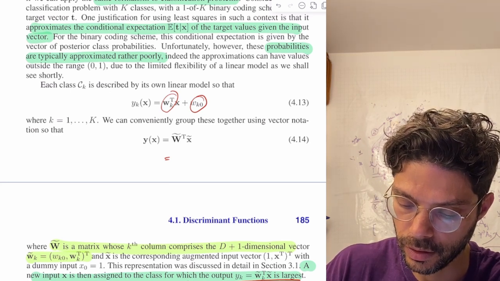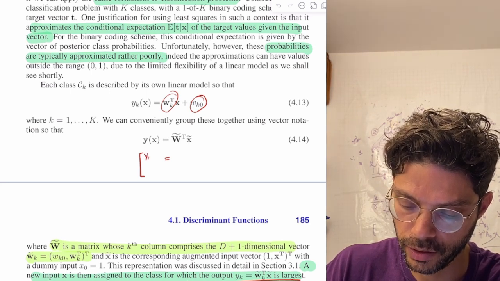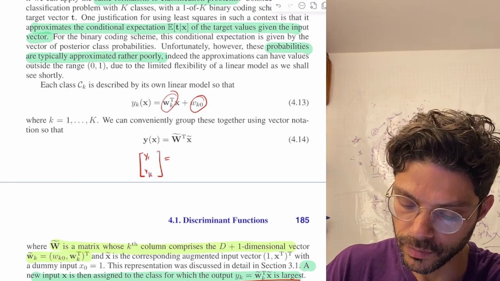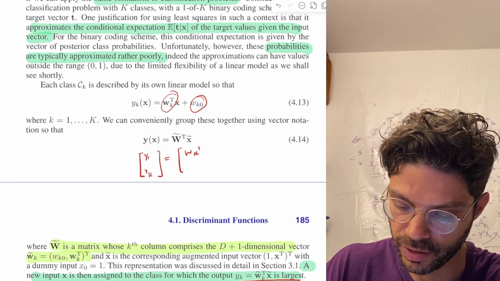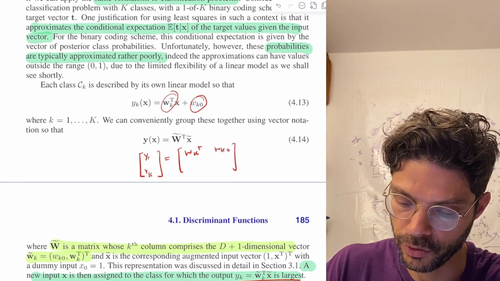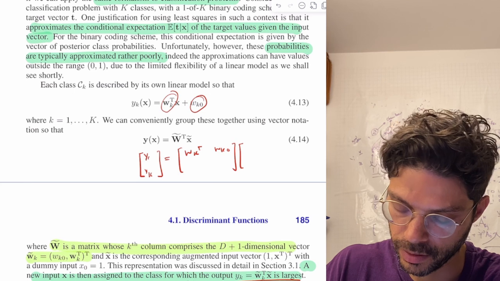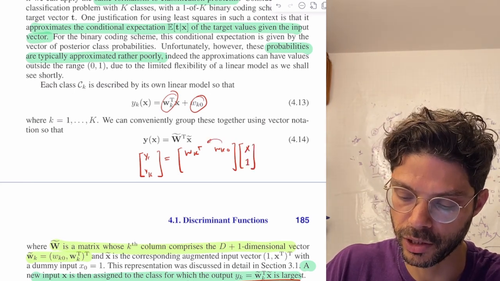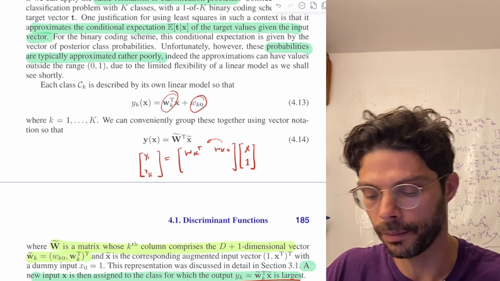So this is going to be a vector of y_1 to y_K, and then inside here is going to be w_k transpose, and then w_k0, multiplied by x and then 1. You could arrange this differently, putting that on the other side as well, but that's just one way of including it. So these x tildes are going to include that bias term in them.